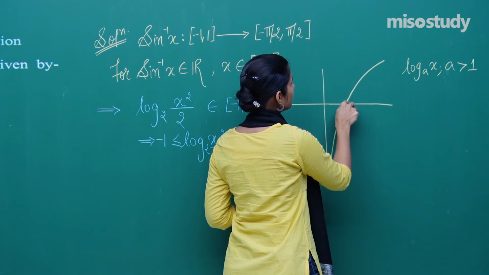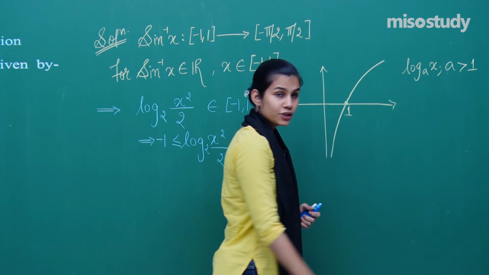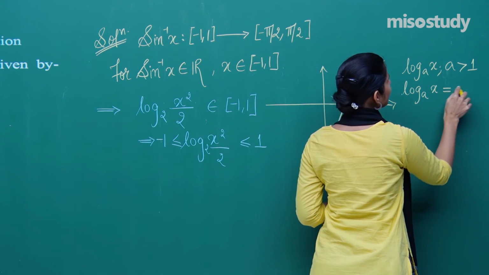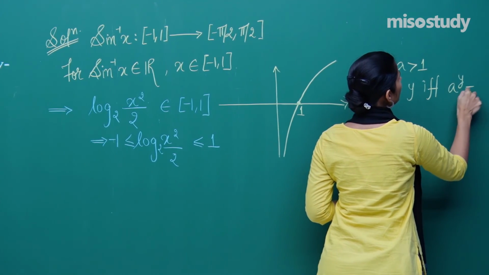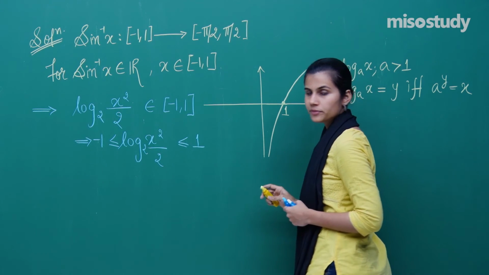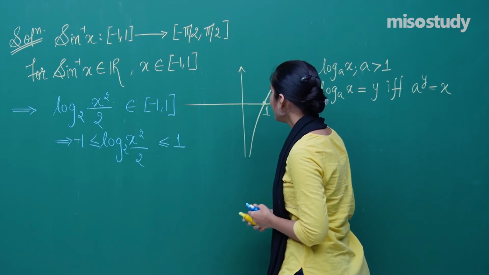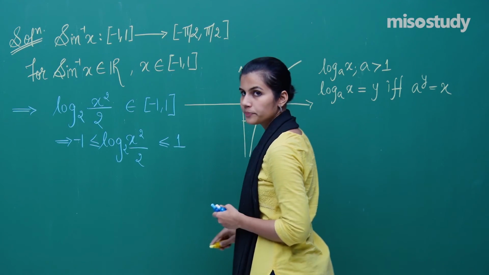At 1, it is 0. And I know that log x to the base a is equal to y if and only if a to the power y is x. So if I am saying that my log is between minus 1 and 1, that means this is what I am trying to say.